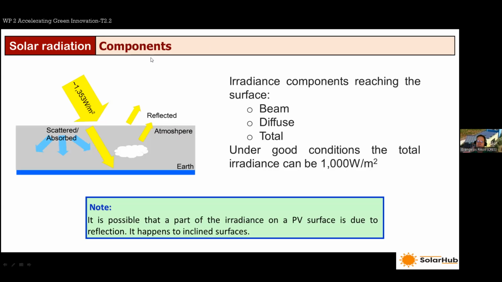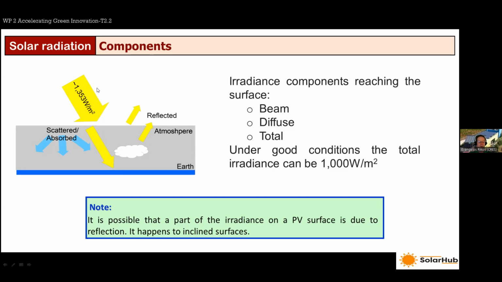All these factors I mentioned earlier, eccentricity, equation of time, declination, etc., pretty much affect the amount of power that reaches the upper part of the atmosphere. But then there is a more chaotic or more unpredictable part in the solar radiation that influences the total amount of energy that will reach the Earth's surface, where our installation will be.